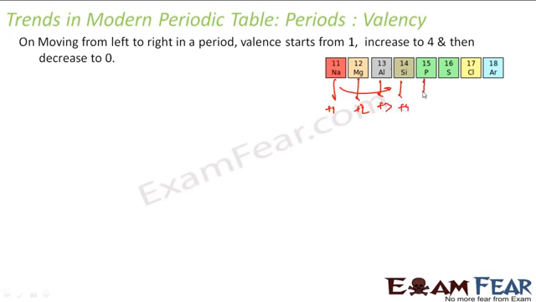Phosphorus needs 3 electrons, so its valency is -3. This guy is -2, then -1. So it started from 1, increased till 4, and then went back to 0, because they are all inert gases and have a valency of 0. This is how the valency behaves from 1 to 4, then goes back to 0.